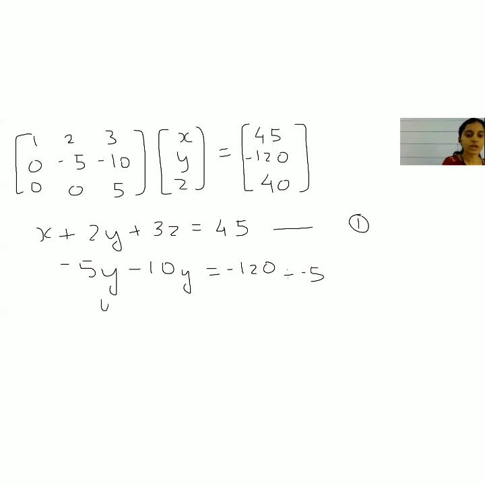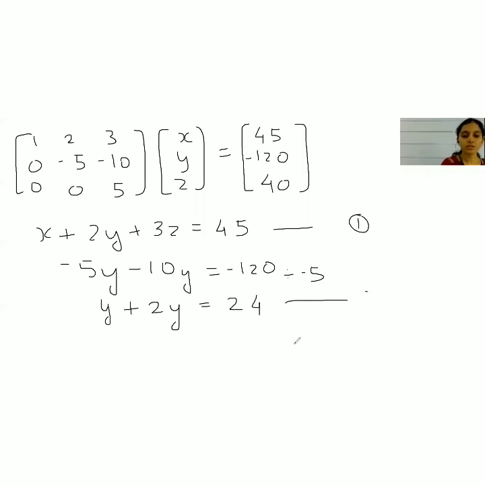So we get y plus 2z is equal to 24. 5 fours are 20, 5 twos are 10, so 24.